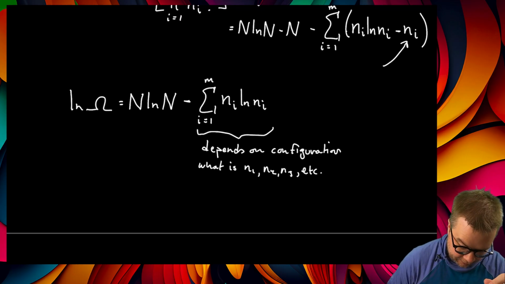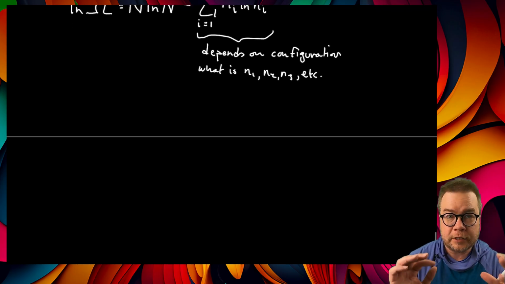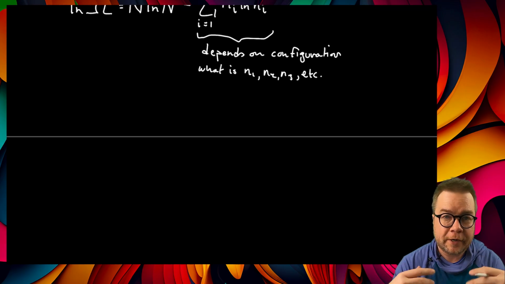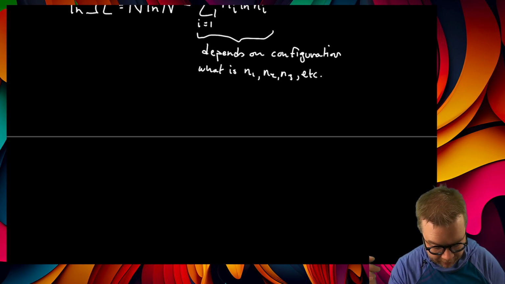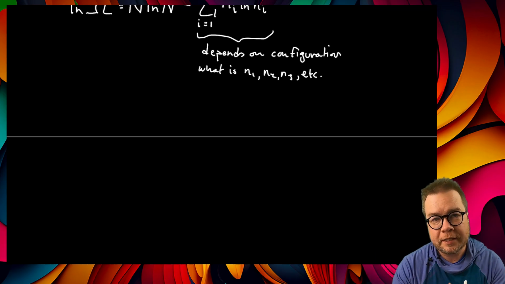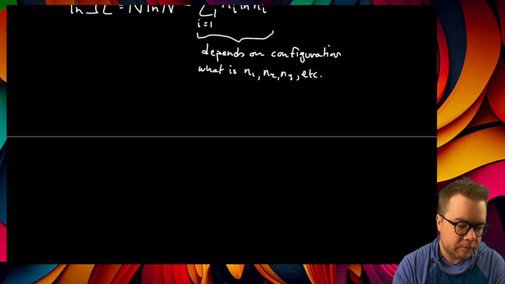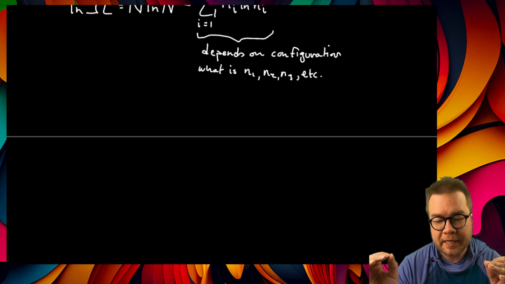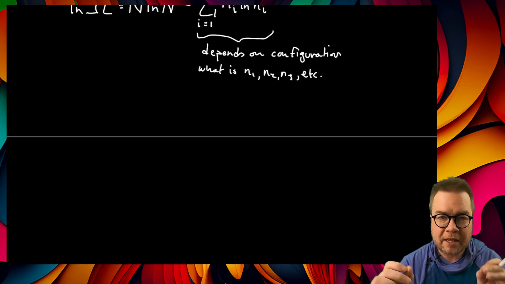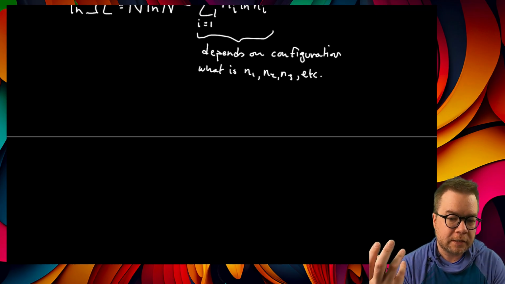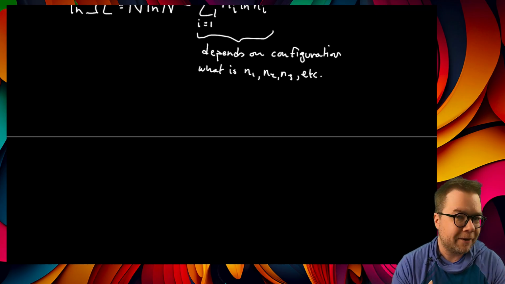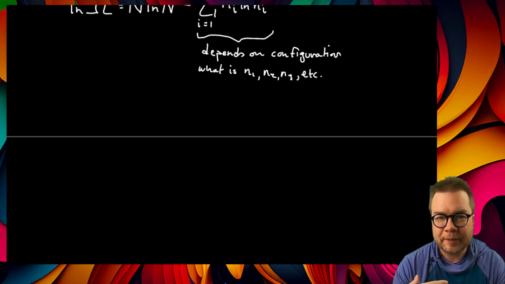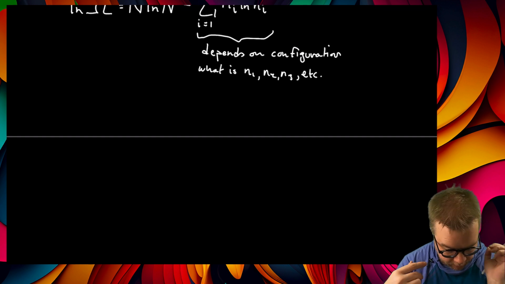So clearly, our task right now is that we've got to somehow figure out an expression for n sub i, and then once we have that expression, we're going to return to this expression and simplify it, and the end result is that we're going to see a connection between the mathematics we work out and the definition of the Helmholtz free energy, and then from that we'll be able to pick out a term that is essentially entropy. So that's kind of where we're going, all right?